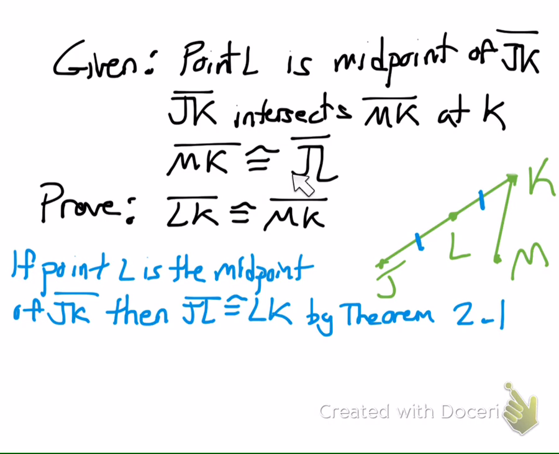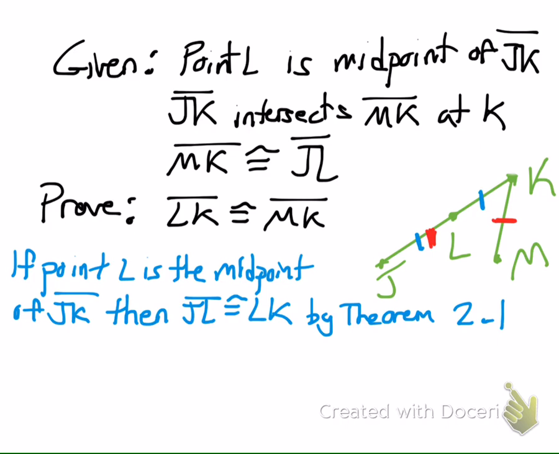The next part tells me MK, this piece, is congruent to JL. So this piece is congruent to this piece, JL. And I'm going to mark those with a different color here. Let's say I mark those with red.